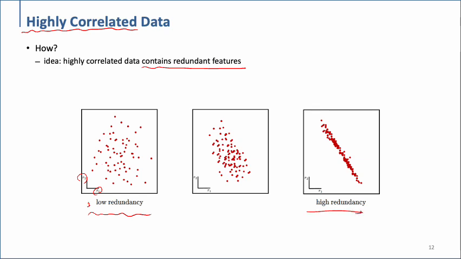But in the case of highly correlated data, it includes high redundancy, because if you know some values for R1, it is very probable you can predict R2 based on these correlations. So this is the basic idea for dimension reduction for highly correlated data.